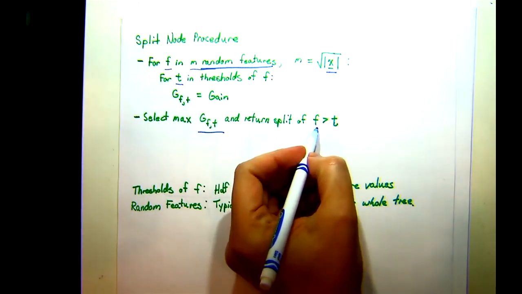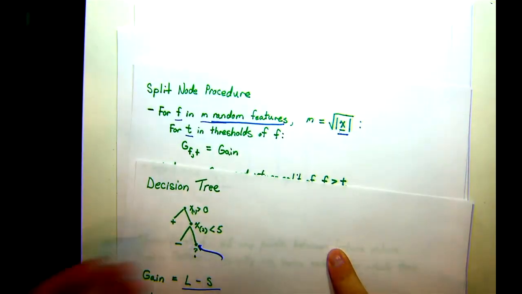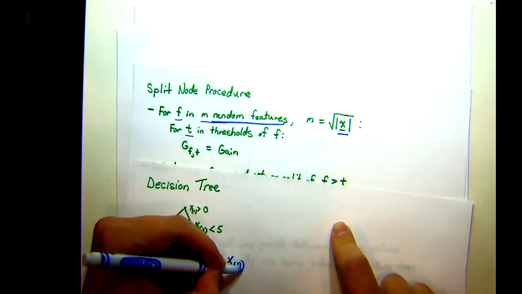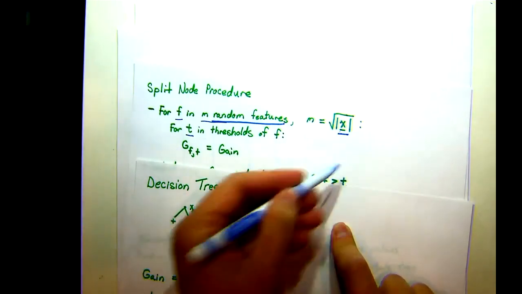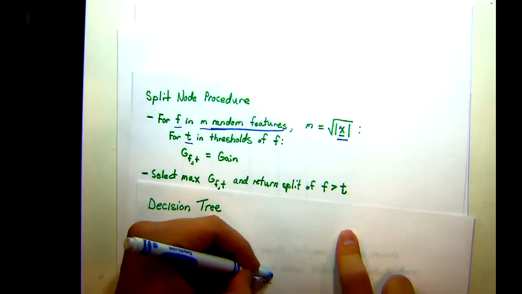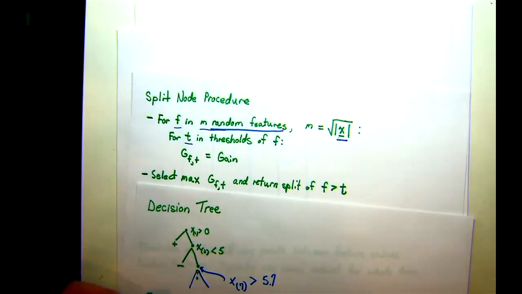This just means that the new split criteria is, let's say we're at this node. We got to split on some feature. So let's say it's x component 7, and it's greater than whatever threshold was the best threshold. So let's say it was 5.7. So that would be our new split criteria that we would use for that node.